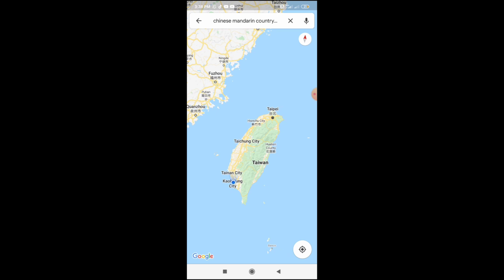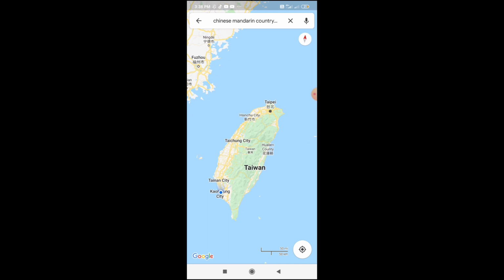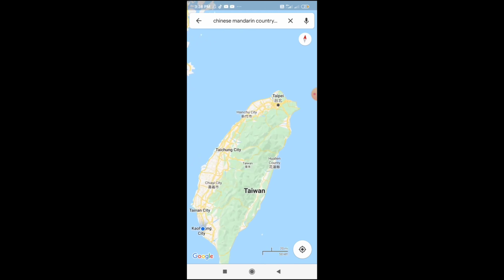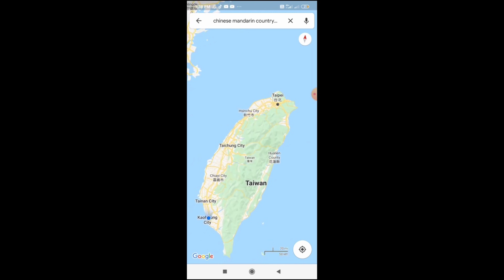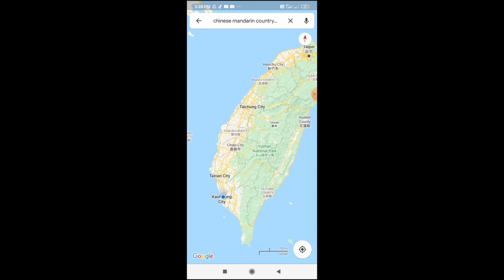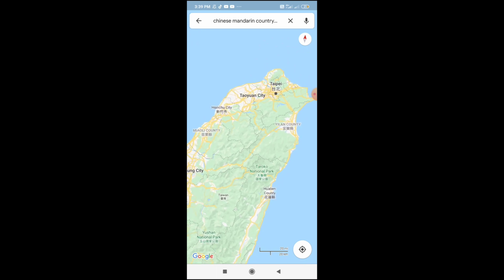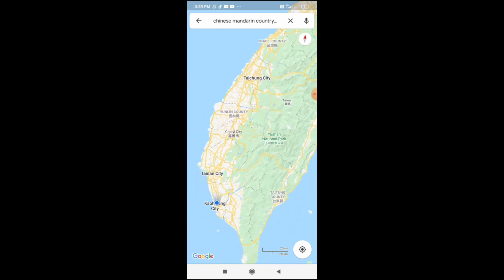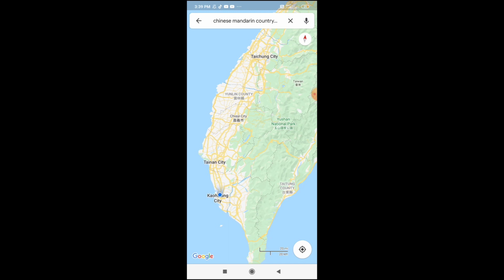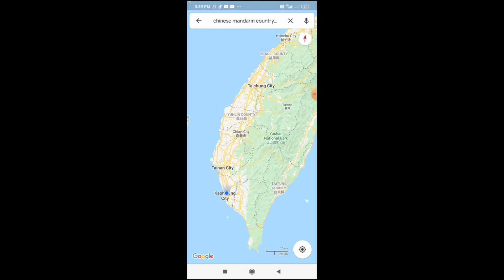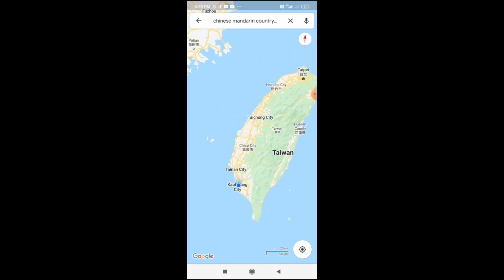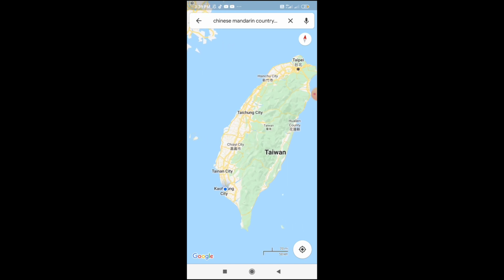Some of the traditional people use Hakka, maybe in some parts of northern Taipei or Pingtung, Tainan, Kaohsiung. There are many Hakka people, the old traditional Taiwanese. But we are using the main language here, the Mandarin language.